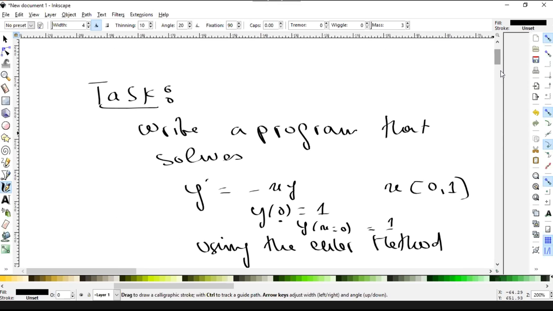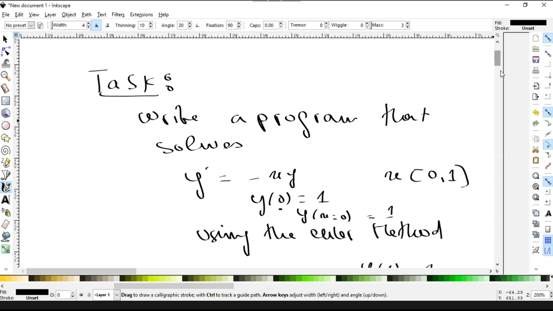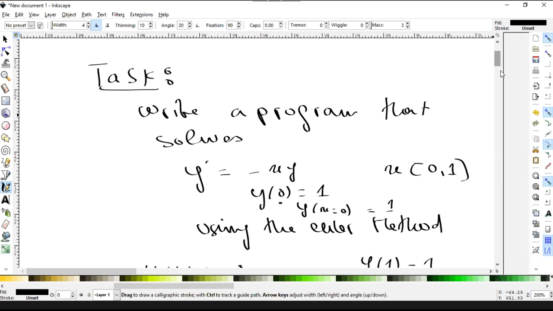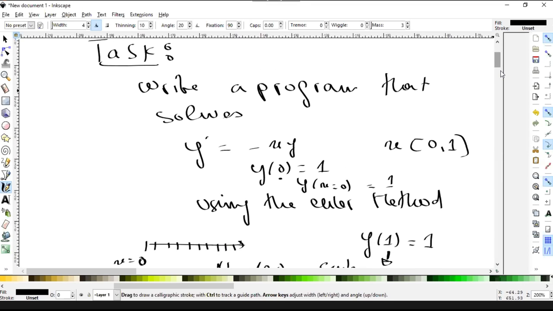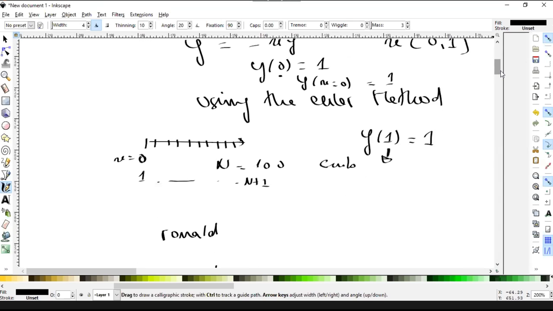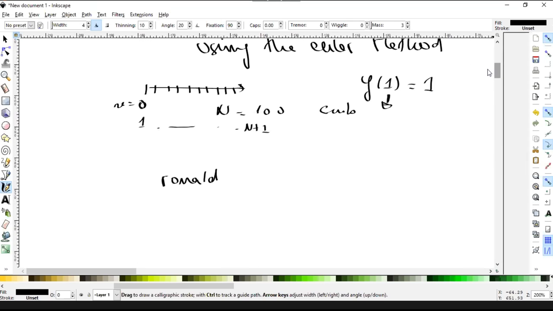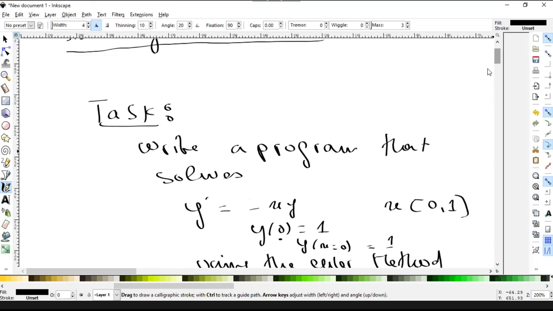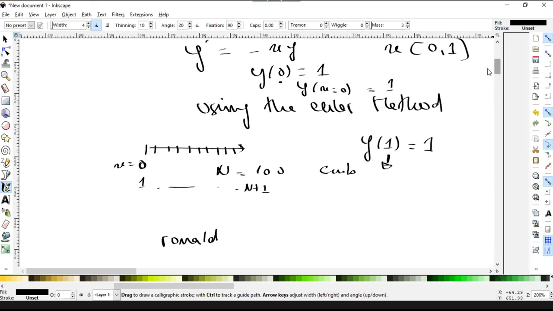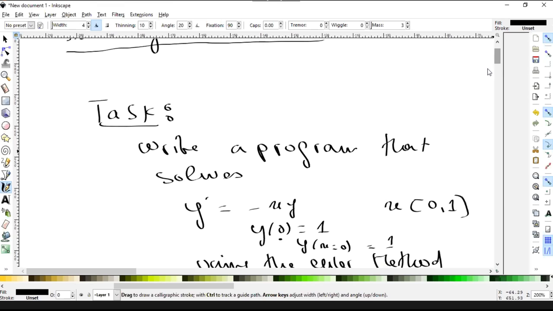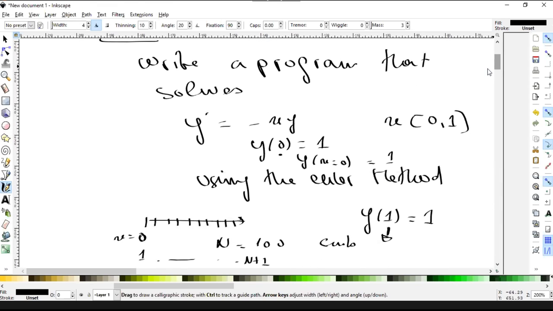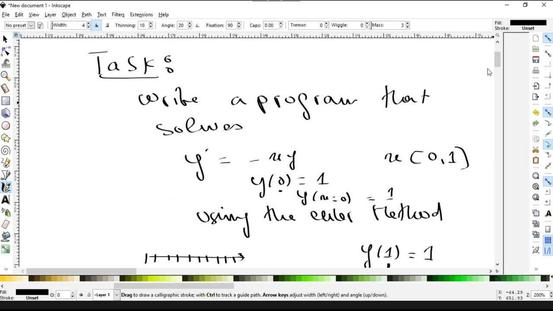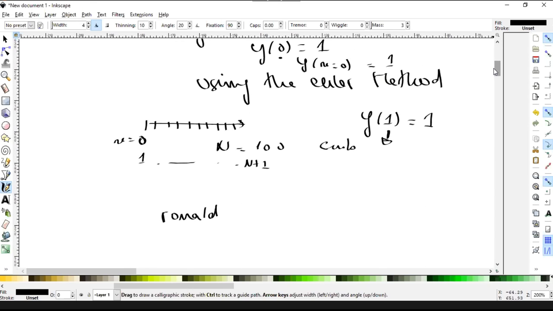So that's what you have to do for next time. We will see explicit methods called the Runge-Kutta methods, which are more advanced. The Runge-Kutta of order 4 is one of the most accurate methods.